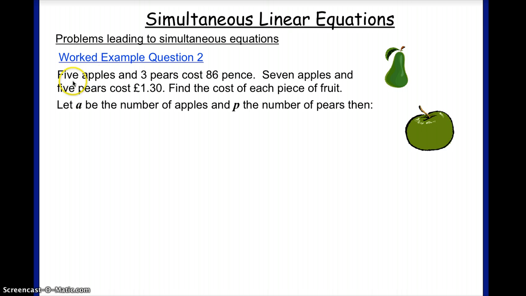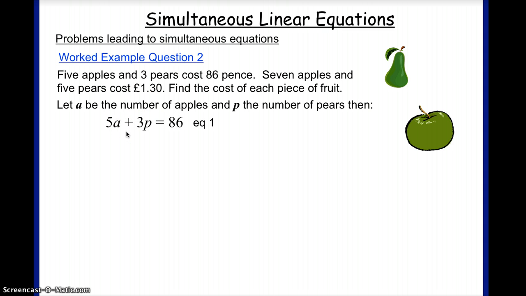For the first statement, we have 5 apples and 3 pears cost 86 pence. So we would write 5A, 5 representing 5 apples, plus 3P, representing 3 pears, equals 86 pence. Now I'm sure you already know how to write equation 2. You are now looking at the second statement. 7 apples and 5 pears cost £1 and 30 pence.